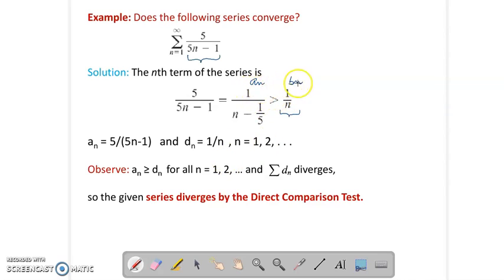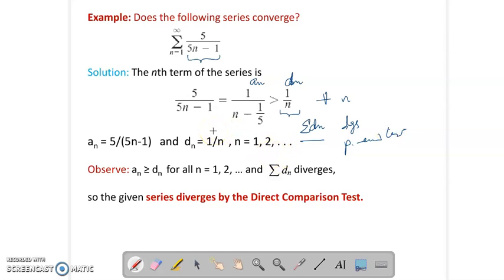So an is greater than or equal to bn for all values of n going from 1 to infinity, and we know that summation dn diverges by the p series test, right?